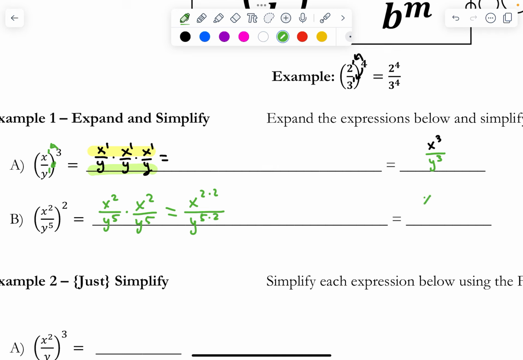So x to the 4th over y to the 10th. And we're done. Oh, and if we really wanted to, might as well do it above, right? X to the 1 times 3 and y to the 1 times 3.